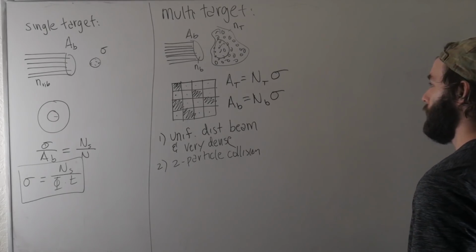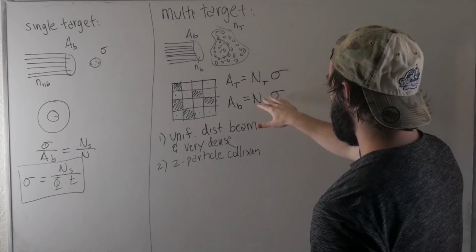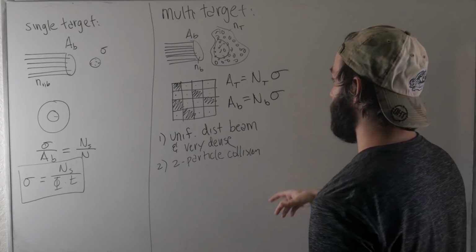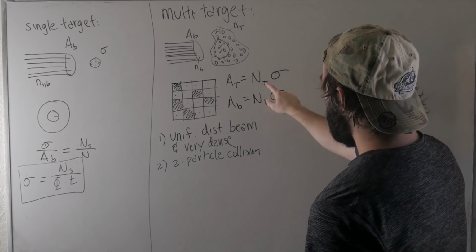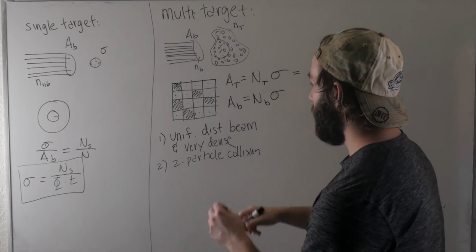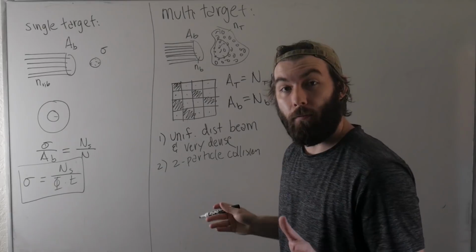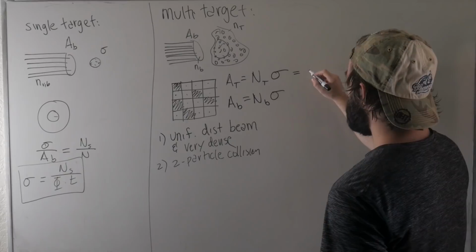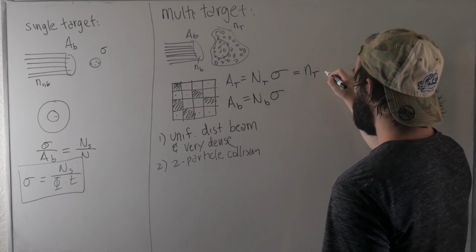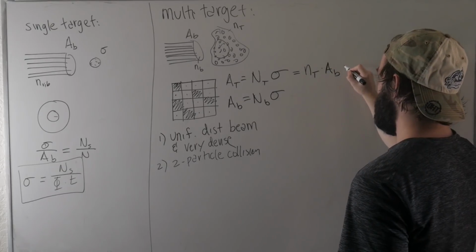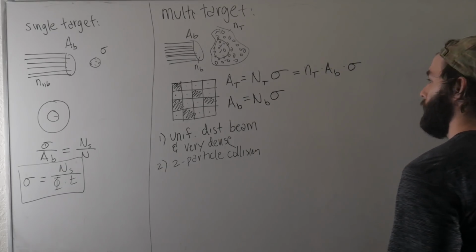So this is a number on the surface, not the number in the entire volume. Now this number of target particles we can express in terms of how many particles there are in the area that it's enclosed by. So this is the number density, which I'm going to call n sub t, times the area enclosing it, A sub b, times sigma. Okay?